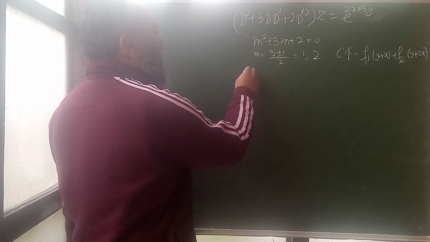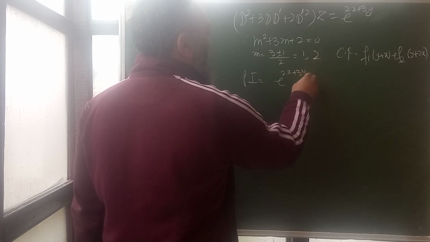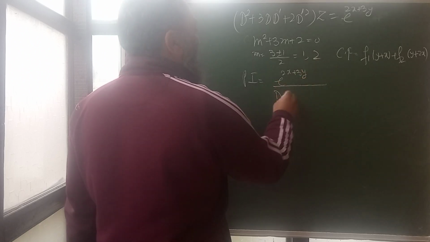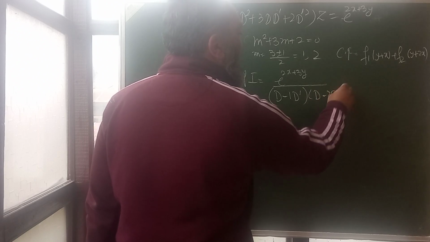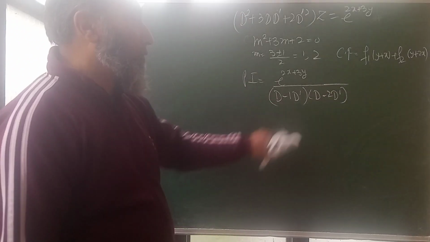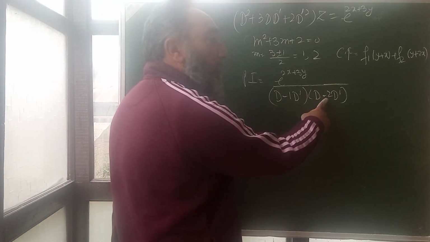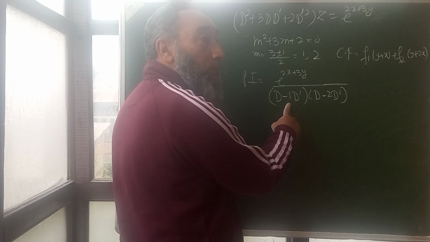Let me take the function e to the power 2x plus 3y, one at a time. The particular integral is e to the power 2x plus 3y upon D minus D dash, D minus 2D dash. Now there are two factors, one factor, another factor. For this, y is mx plus c, m is minus 2. For this, y is mx plus c, m is minus 1.